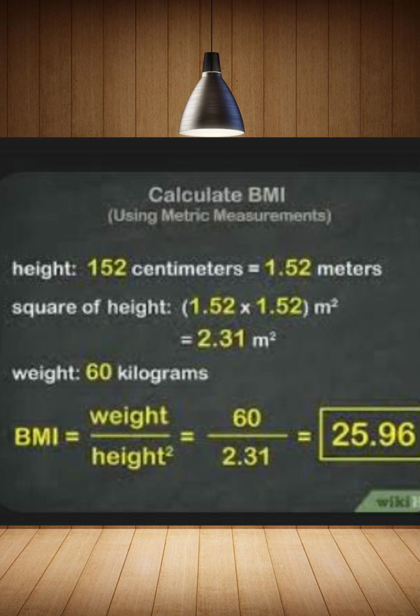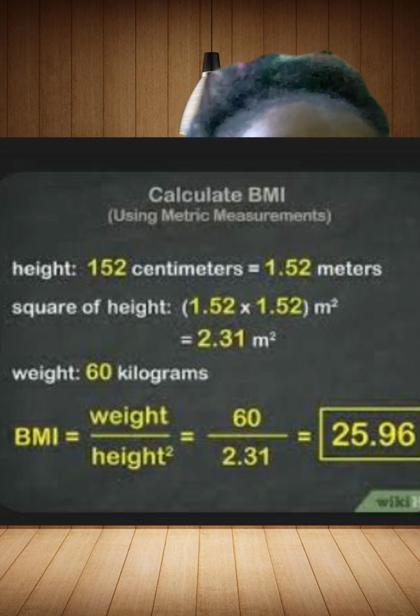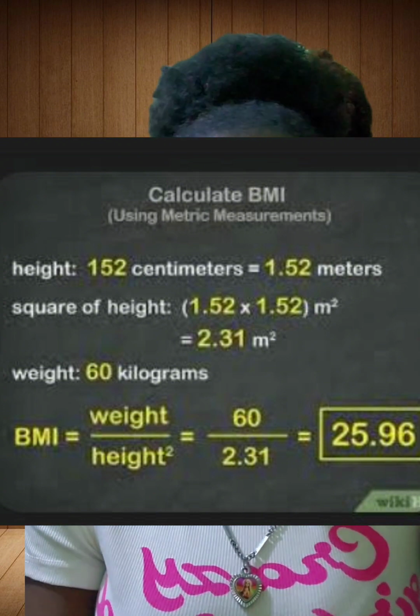From this BMI, we can determine underweight: BMI is less than 18.5. For normal weight, BMI is 18.5 to 24.9. For overweight, BMI is 25 to 29.9, and for obesity, BMI is 30 and above.